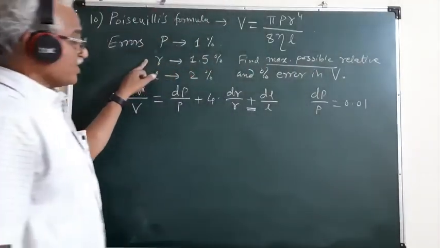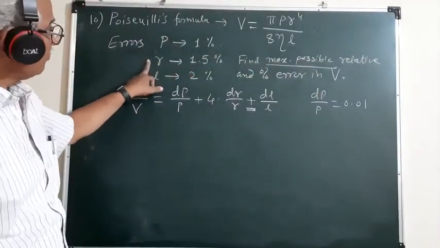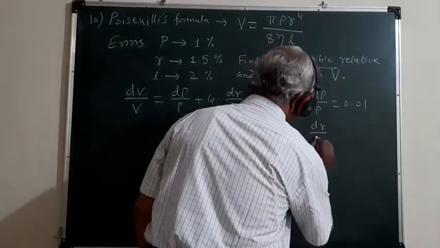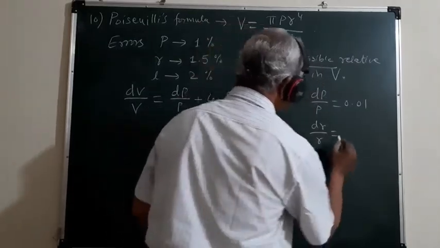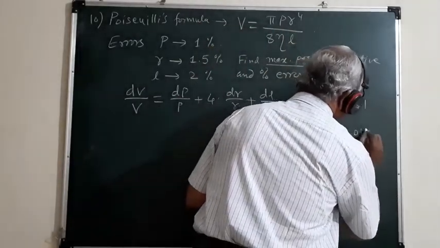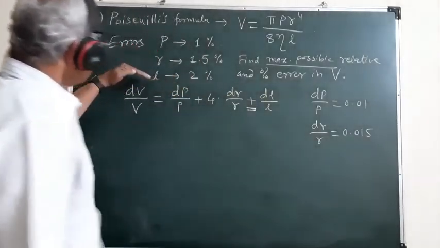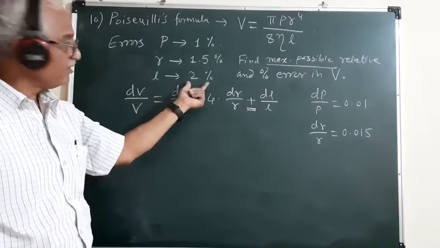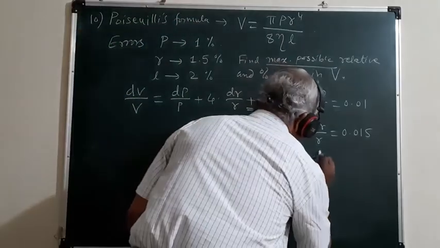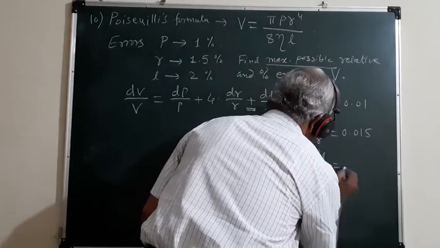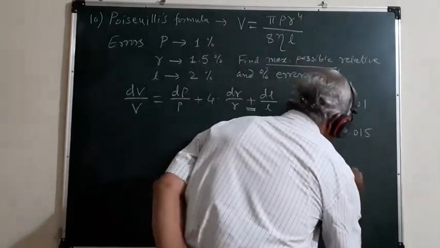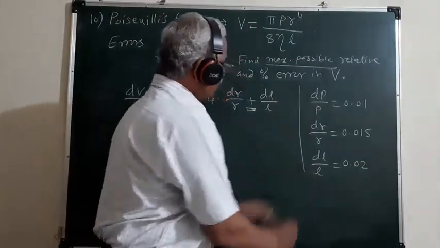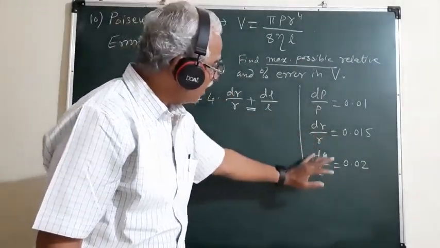The percentage error in the measurement of radius of the capillary tube is 1.5%, so that the relative error in the measurement of radius of the capillary tube will be 0.015. And the percentage error in the measurement of the length of the capillary tube is given to be 2%, so the relative error in the length of the capillary tube, that is dl by L, will be equal to 0.02.